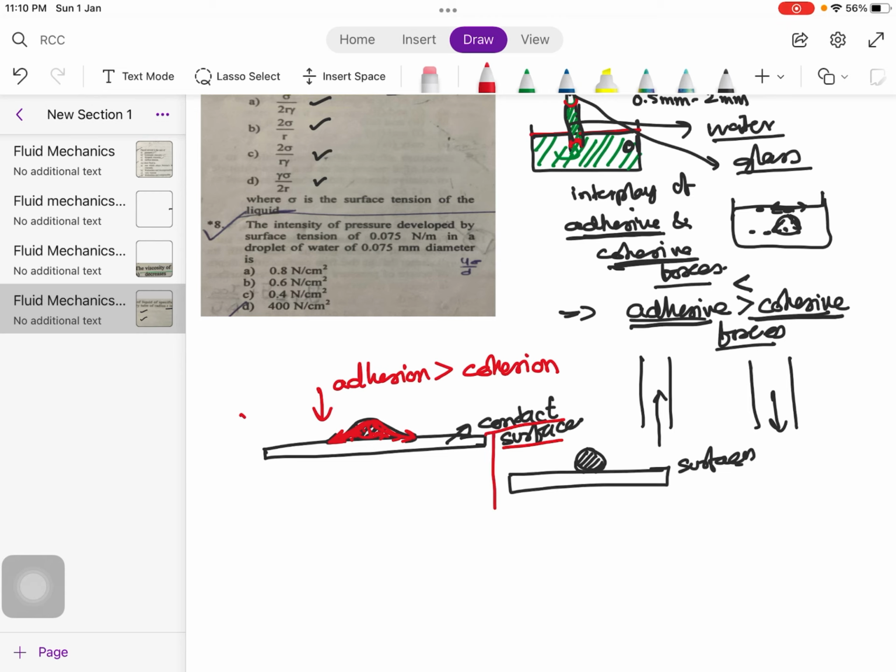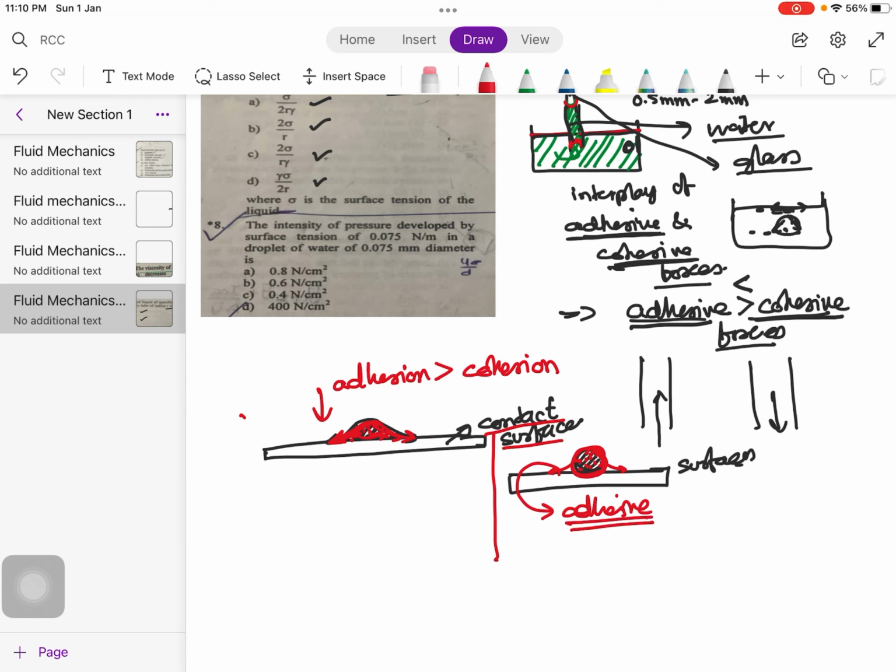Now, in this parallel scenario, the intermolecular forces within the liquid droplet dominate the adhesive forces. In this case, the liquid does not flush with the surface. It tries to retain its droplet shape, its spherical shape.